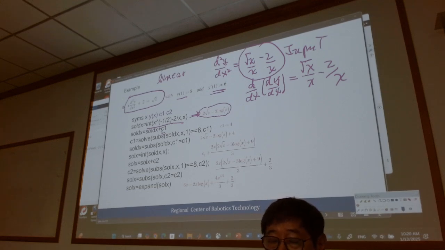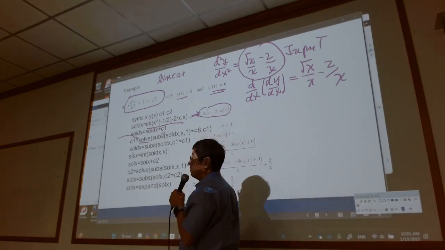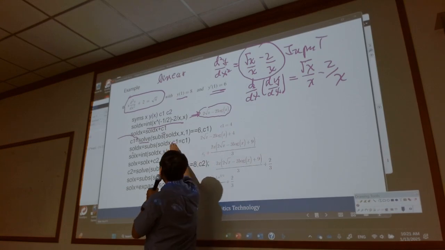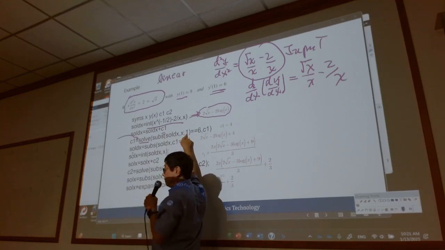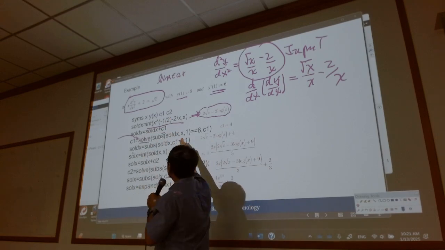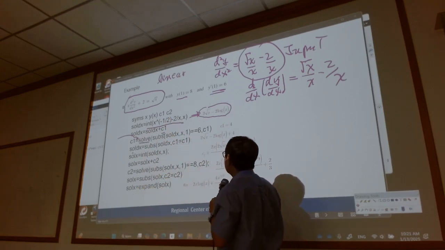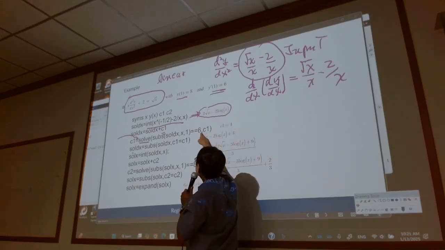So now C1 can be solved with a linear equation. Solve, substitute the solution with x equal to 1. This is the derivative at x equal to 1, equal to 6.